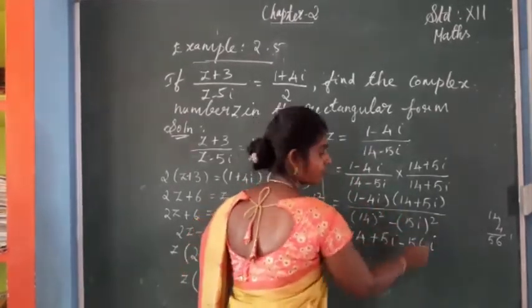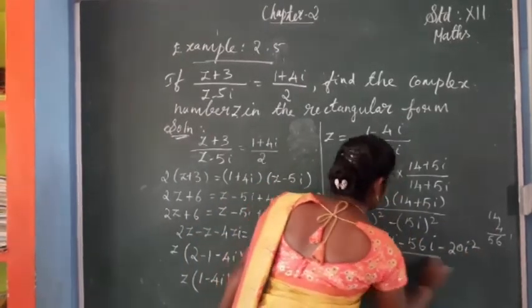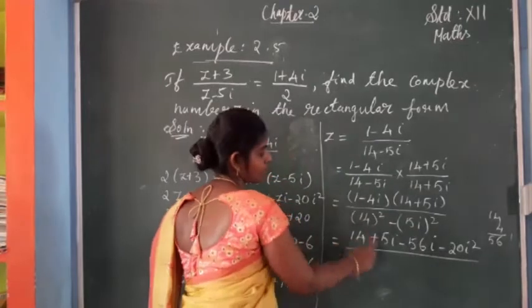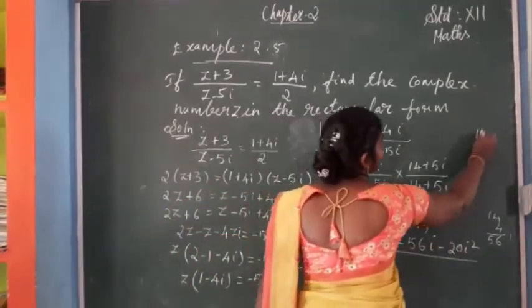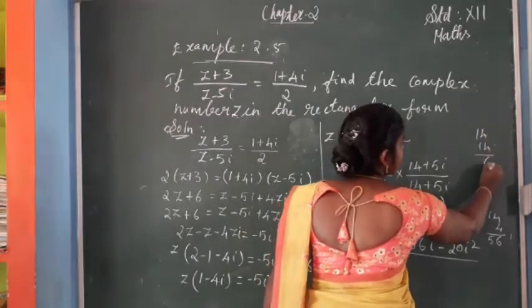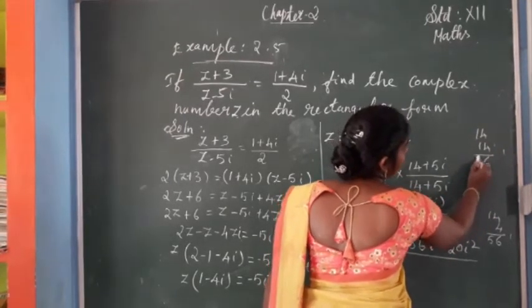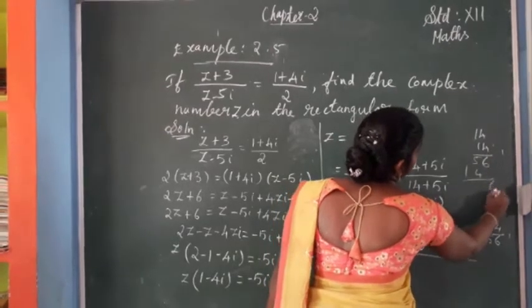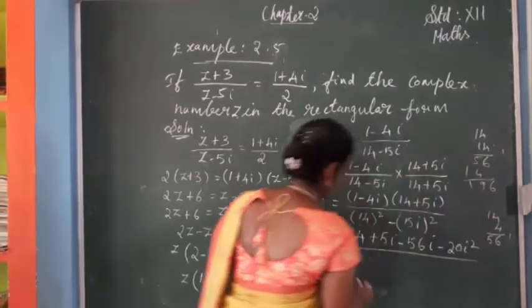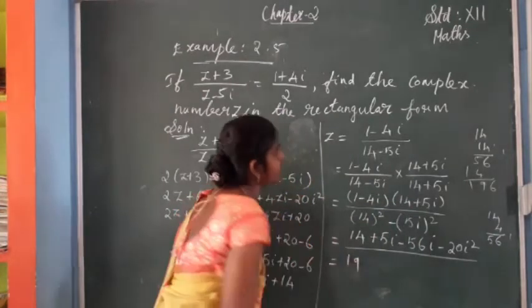Minus 4i into 5i, minus 20i square, divided by, so 14 square, the value is 196.